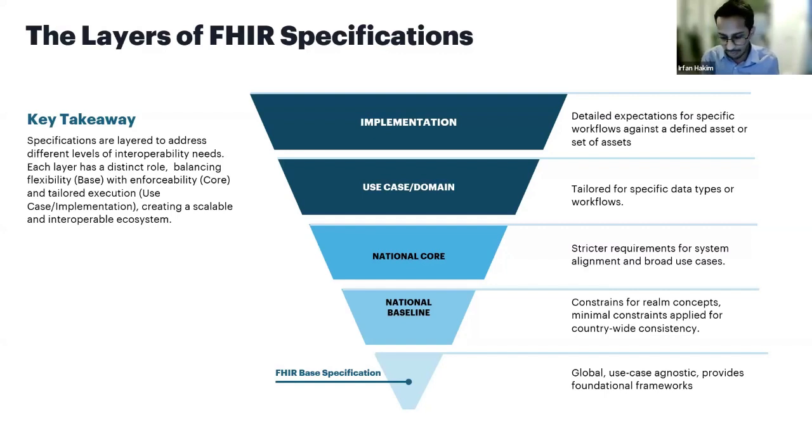For example, if you're focusing on e-prescriptions or e-referrals or e-consults, or exchanging certain clinical data or lab results, you get into clinical and use case specific stuff. That's where another type of FHIR specification is defined.